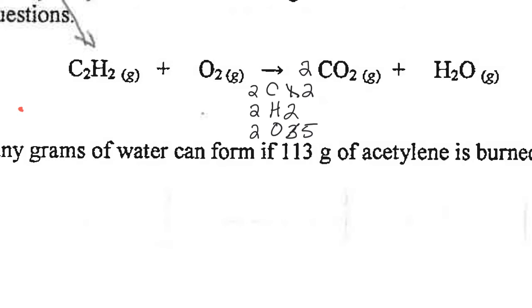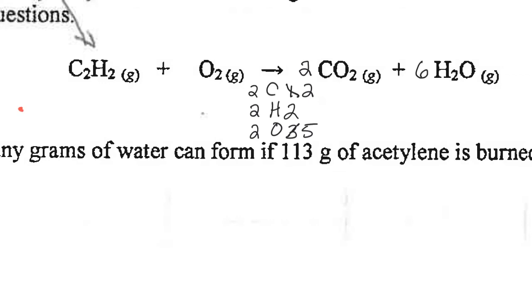So 5 and 2, the lowest common denominator is going to be 10. In order for me to get 10 oxygen, I've got 4 here with the carbon dioxide. I want to have 6 more, so if I put 6 here, let's see what happens.